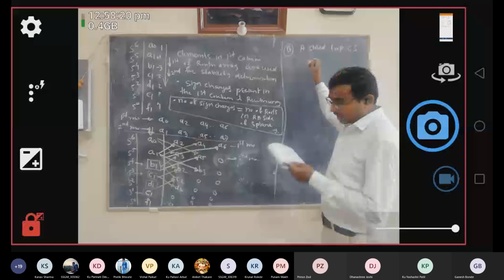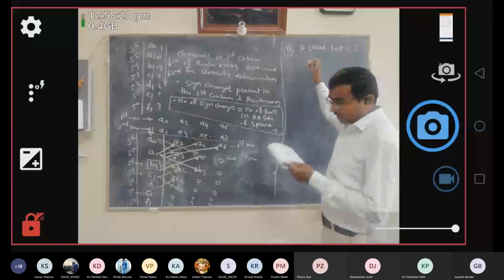Therefore replace C1 by 1.5. What is the value of C2? 3.16 into 0, 4.5 into 0, so it is 0. Therefore replace those by 0, 0. So here we have completed our Routh array.